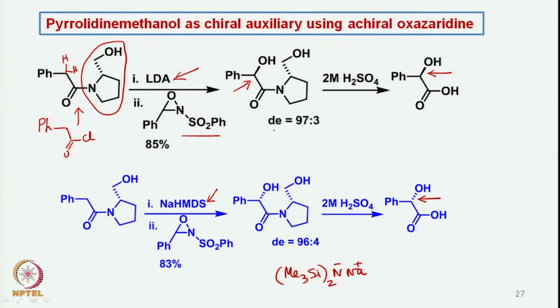In both the cases the diastereomeric ratio is very high, 97:3 and 96:4, and the yield is also fairly good.